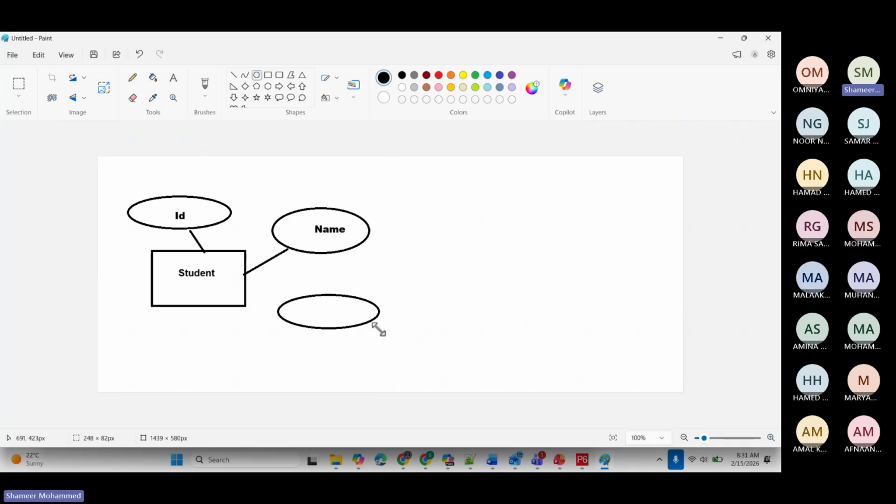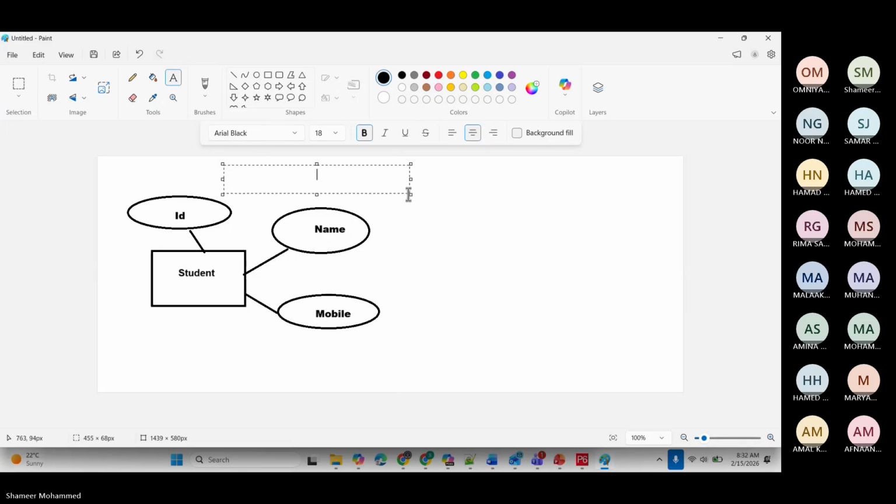Mobile number, email, city, gender. Okay, what do you call this one? What are these things? This is entity. And what is this one? Tell me. Simple question. This is entity. And what is this one? This one, this one? They are called what? They are called attributes. Do you remember now?